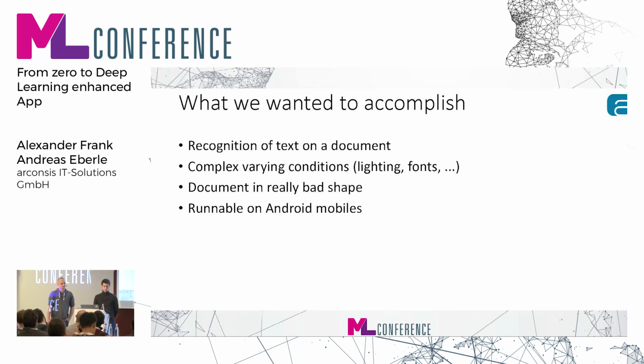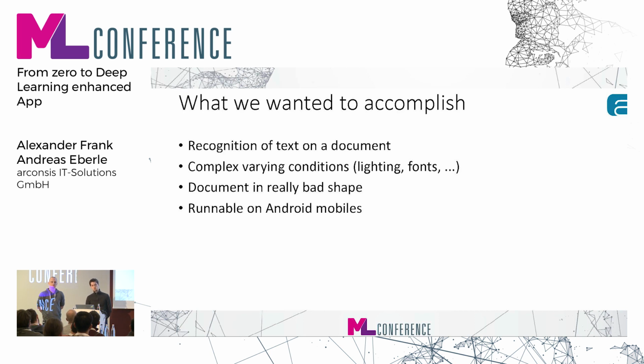And the additional problem was the document shape. It can be in a really bad shape. This makes it additionally harder, because sometimes they are printed badly. They are not printed in the cells where the text should be, but more on the borders of the cells.